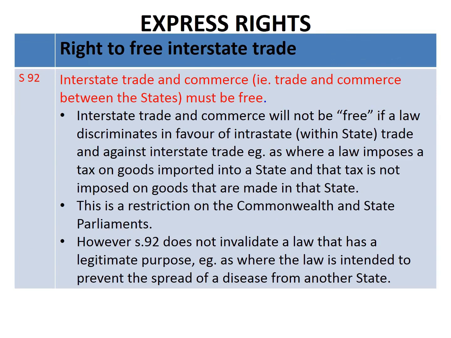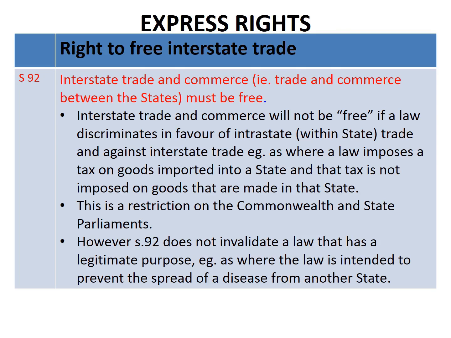Now these last two express rights are rather complicated, so I'm going to explain them to you. But I suggest that you concentrate on the first three express rights that we've looked at. That is, you must be able to explain the first three express rights in some detail.